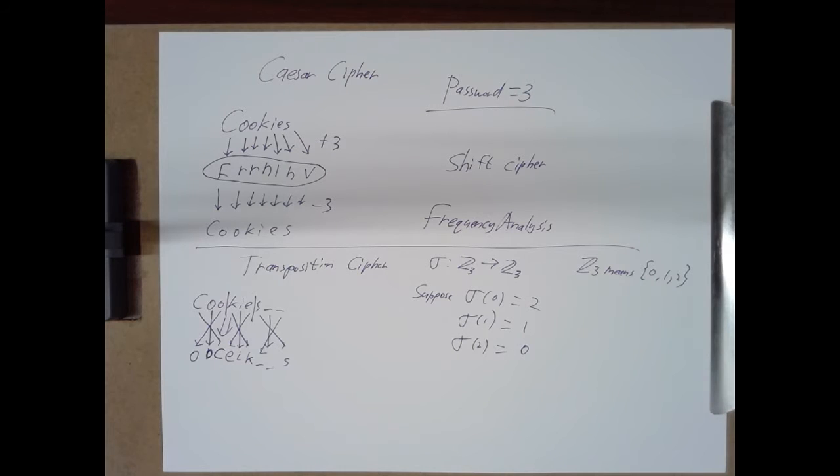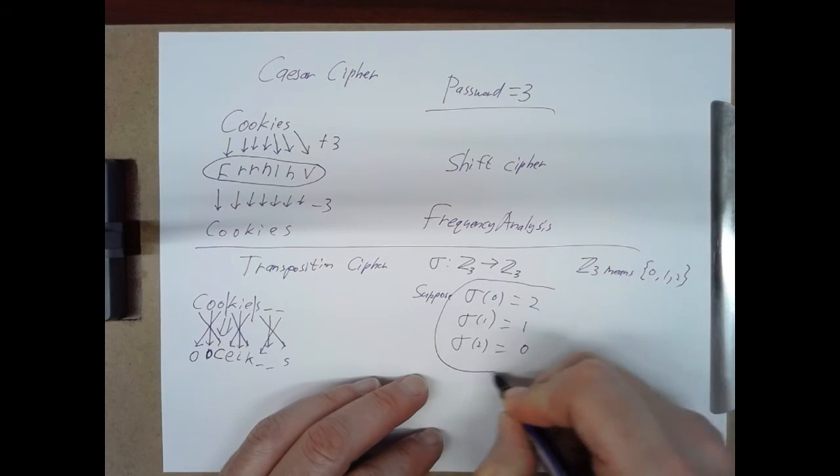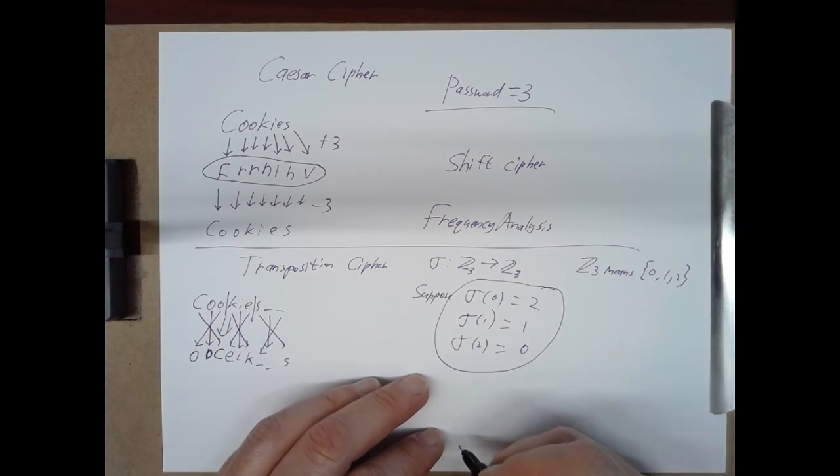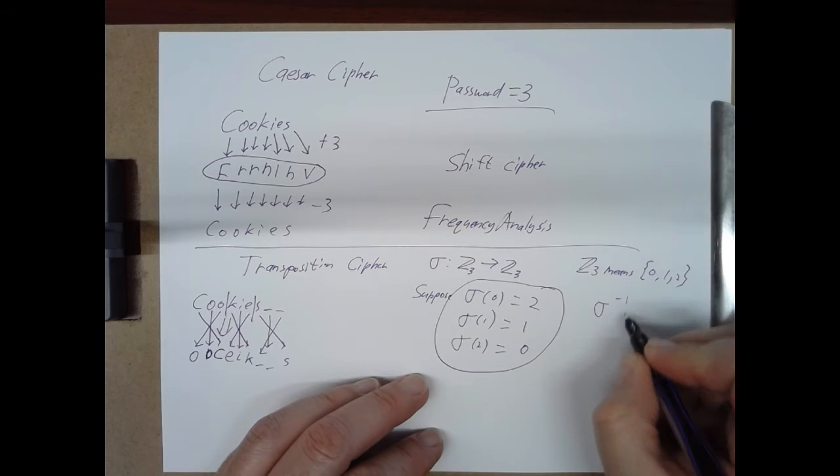We know that they were adjacent to begin with, and we can start to build up over enough data some ideas about what this permutation looks like. So transposition ciphers are pretty easy to crack. Now to reverse this, if we know this function sigma, we can define the inverse.